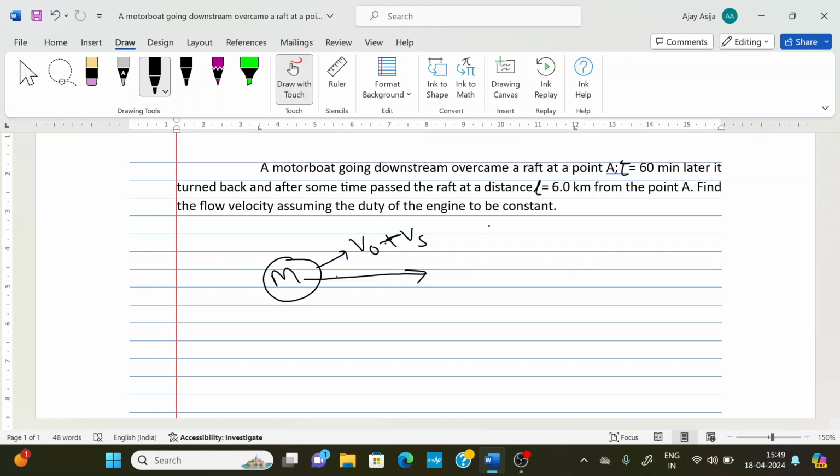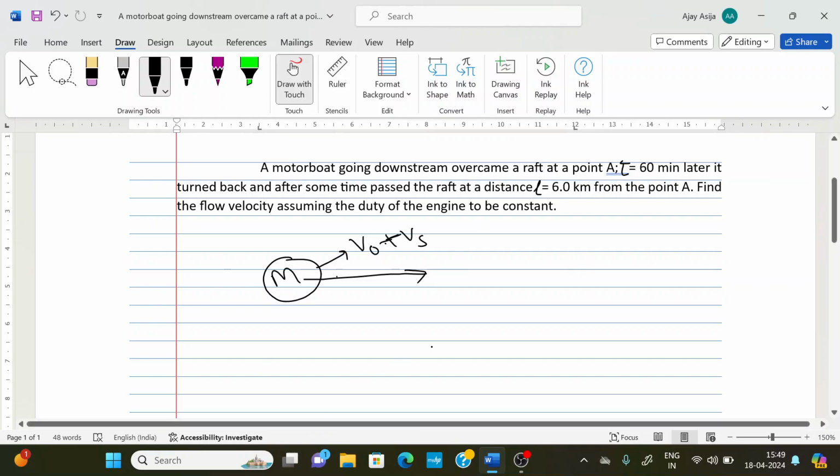Overcame a raft. We also have a raft here, and motorboat overcame a raft at a point A. Let us say it overcame raft at this point and this is point A.